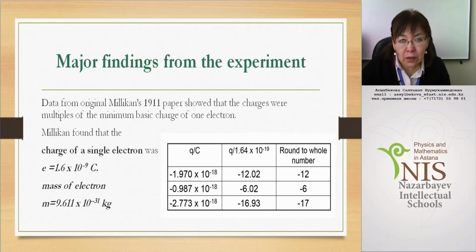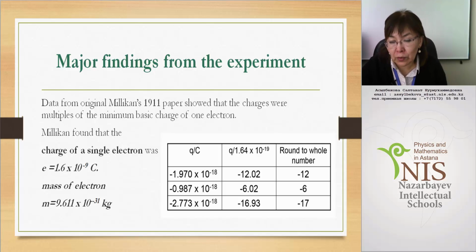The main idea of the experiment done by Millikan was that he found the charge of a single electron. You know, nowadays you use the value of the charge and mass of the electron. But if you look at the original data, which was printed in 1911, you see he did not publish all the data.